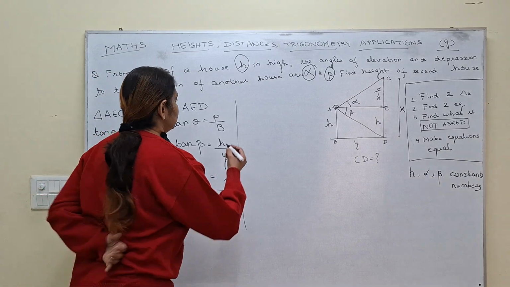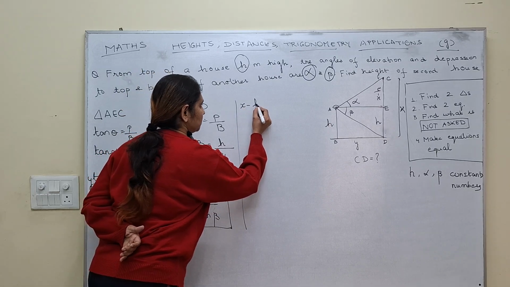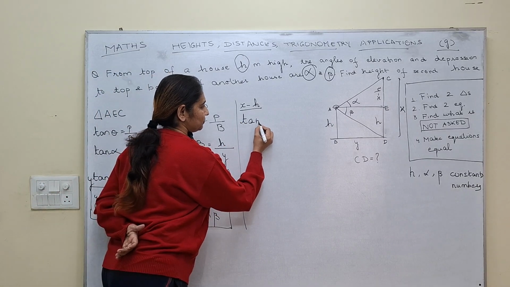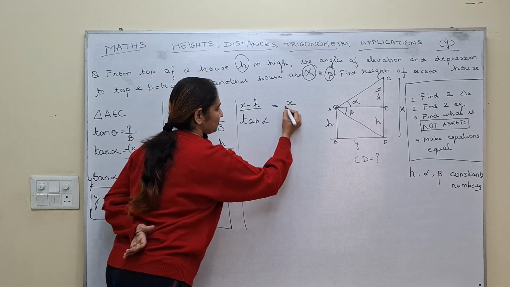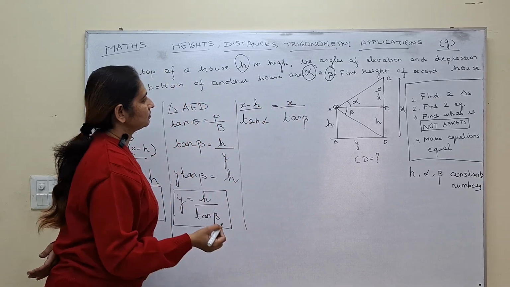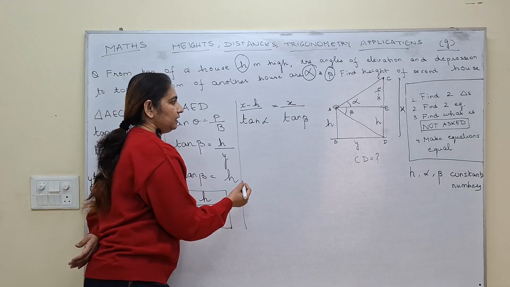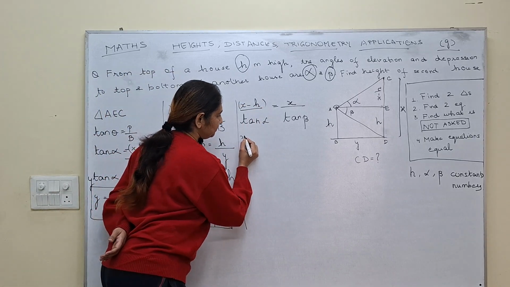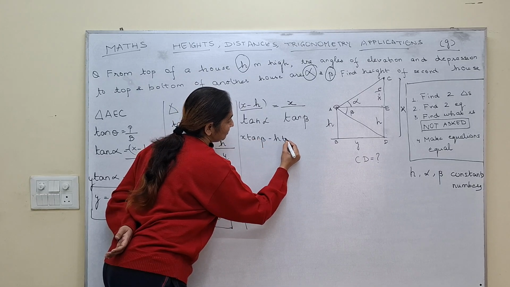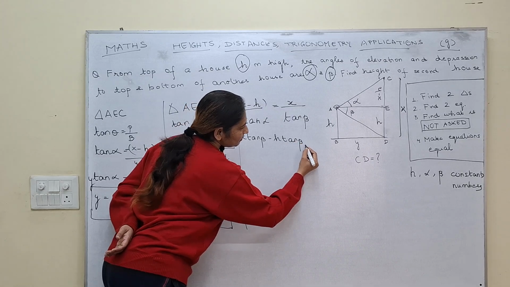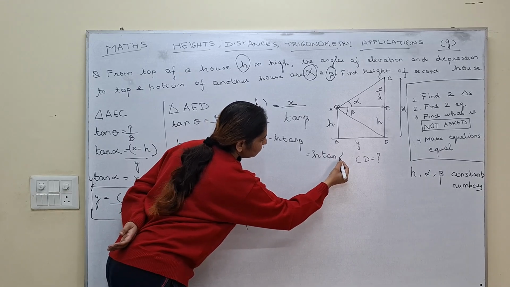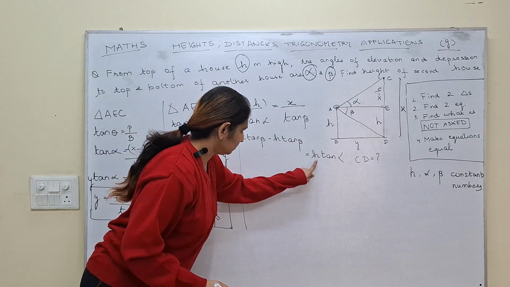So x minus h upon tan alpha, and then we cross multiply. Sorry for this messy equation. It has gone down because of lack of space. This is one equation.